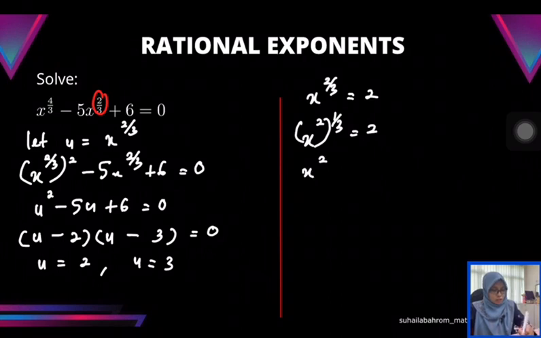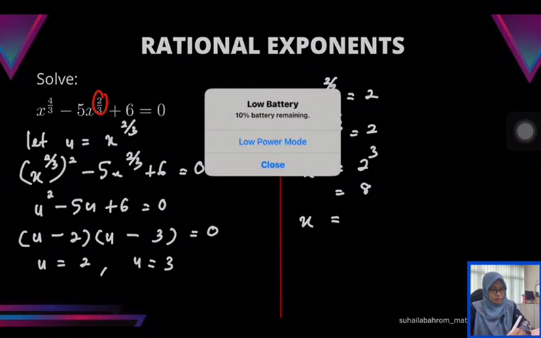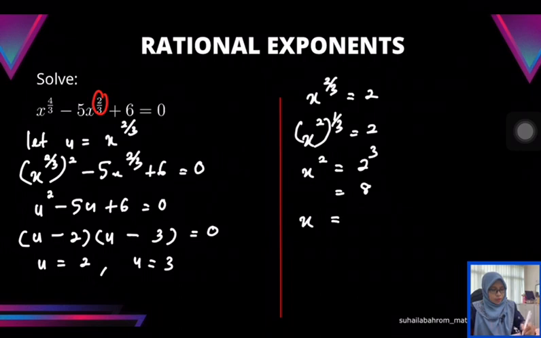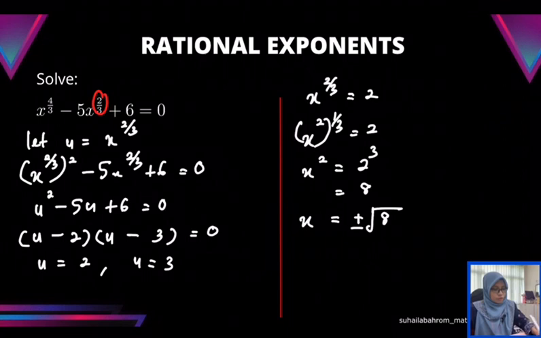So x power of 2 is equivalent to 2 power of 3, which is equivalent to 8. Therefore, x squared, move to the other side, so you will get square root. Therefore, we will have two values here, plus minus square root of 8. So that is for the first solution.